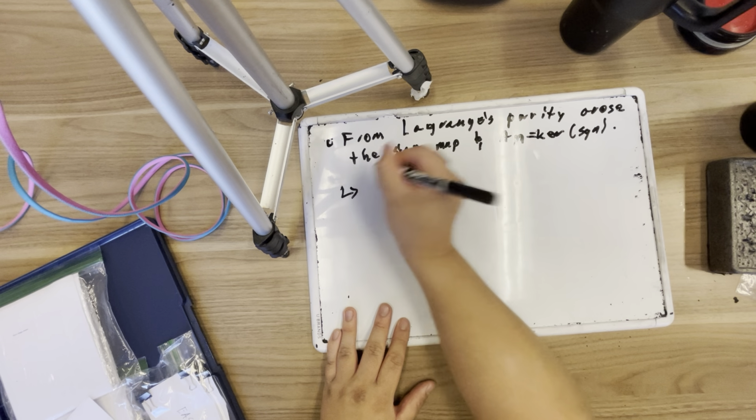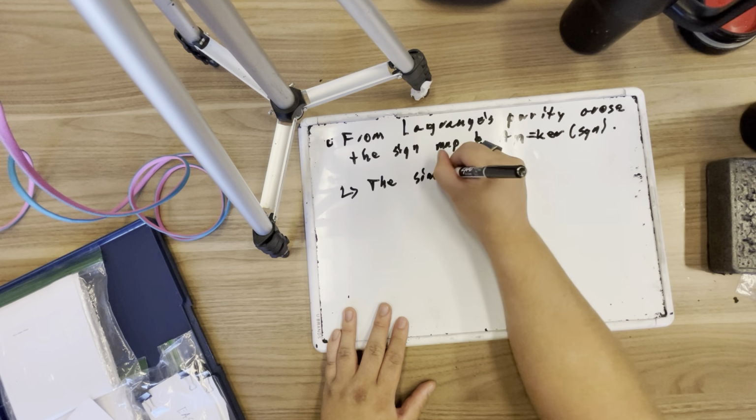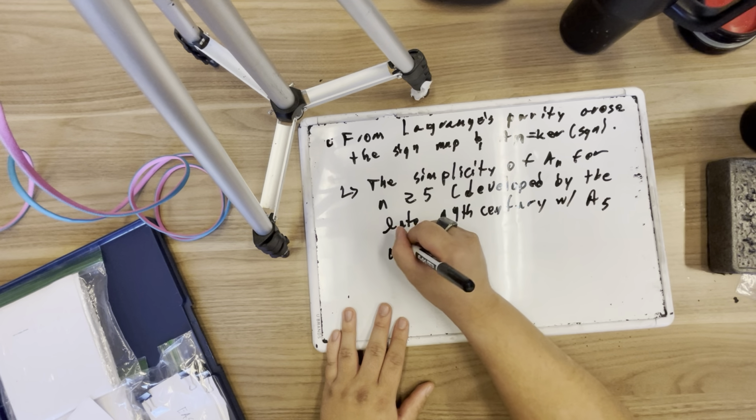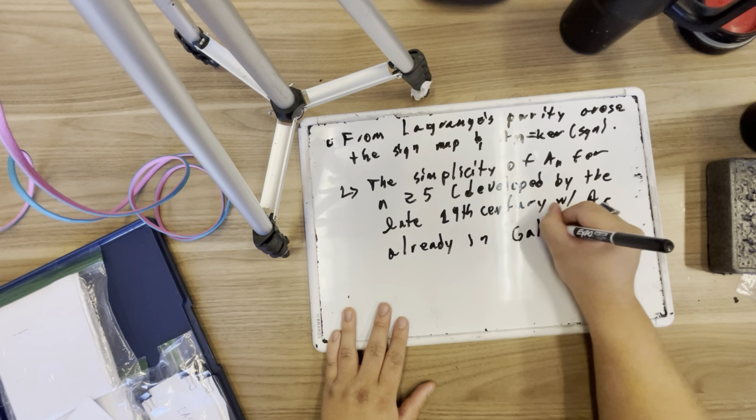So the simplicity of A_n for n greater than or equal to 5 developed by the late 19th century, with A_5 already in Galois' crosshairs.